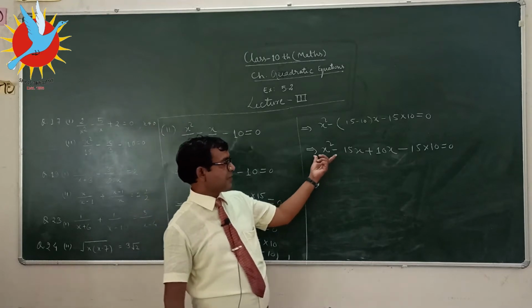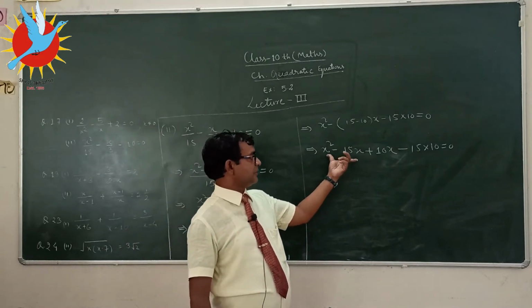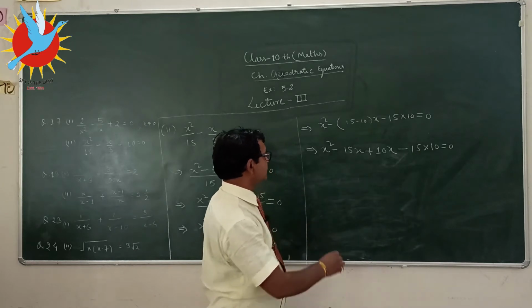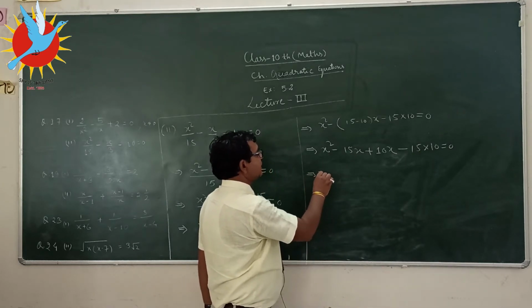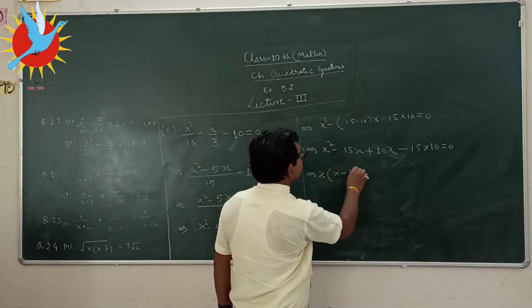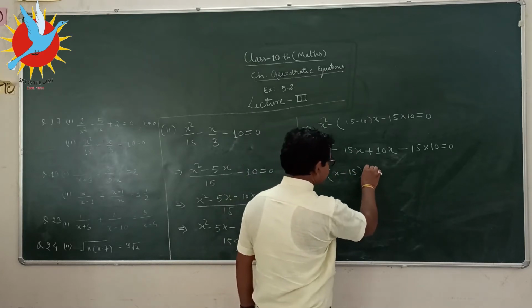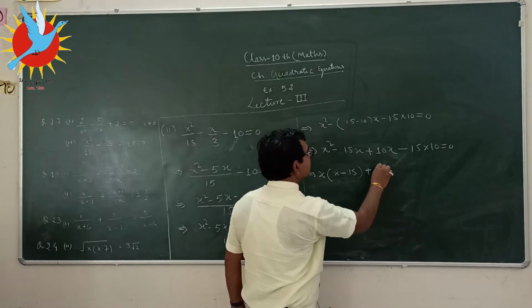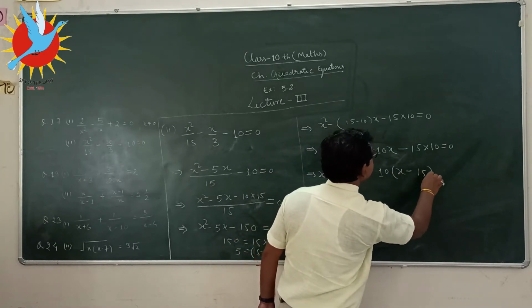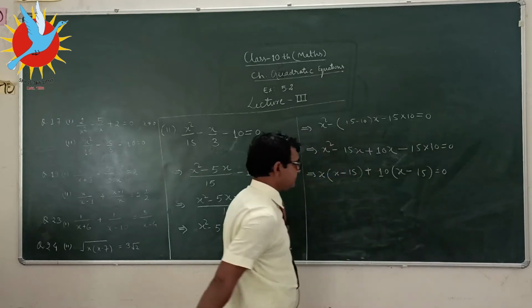Now we have to find the common factor from the first two terms and the next two terms. In the first two terms, common will be x, here will be x, and here 15 plus 10 will be common. In these two terms, x minus 15 equal to 0.